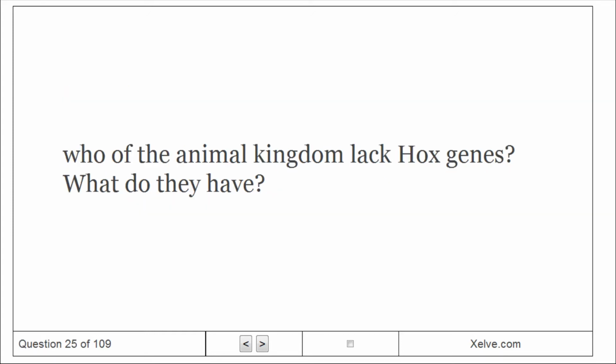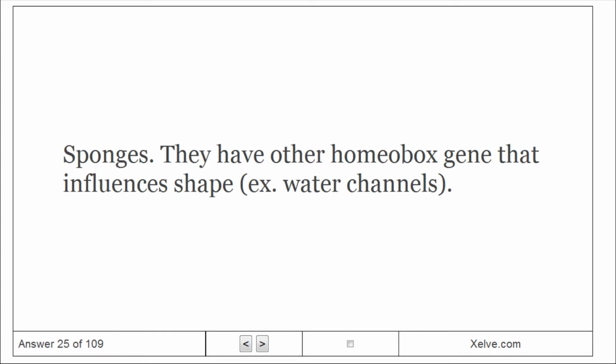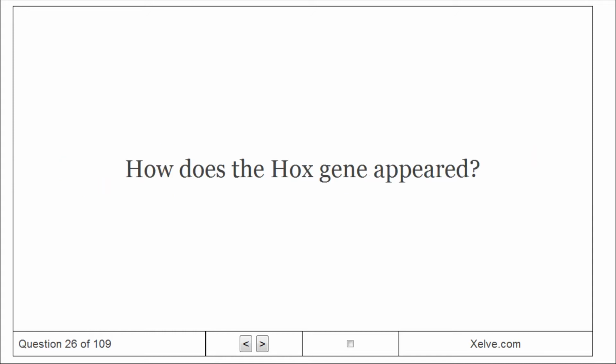Which of the animal kingdom lack Hox genes? What do they have? Sponges. They have another homeobox gene that influences shape. How did the Hox gene appear?